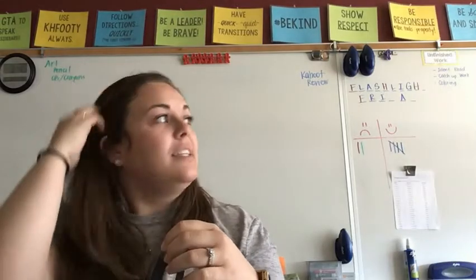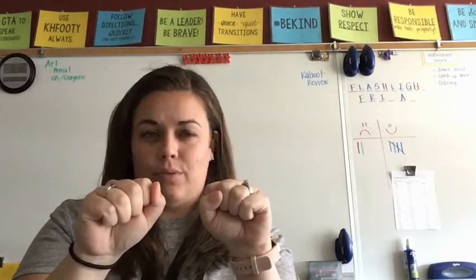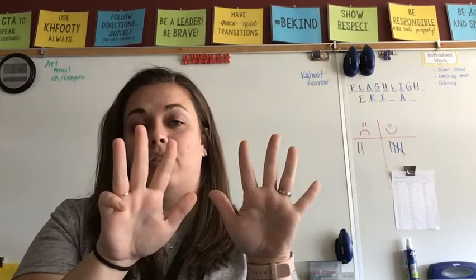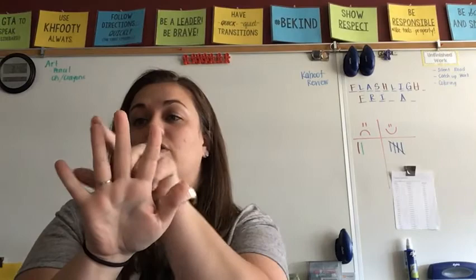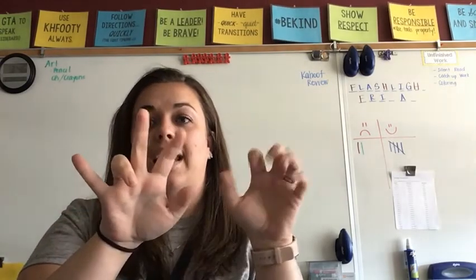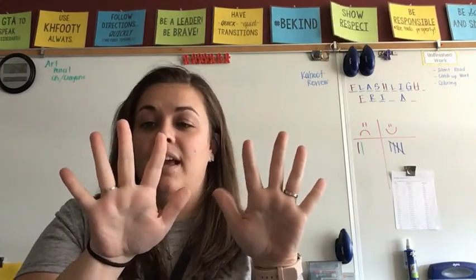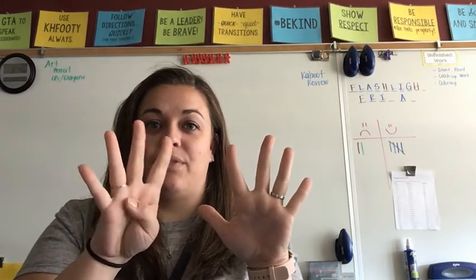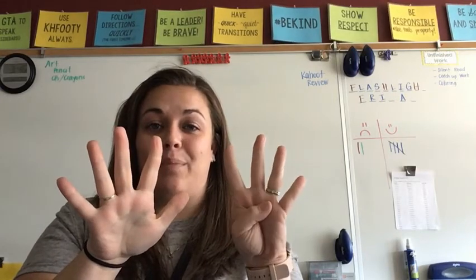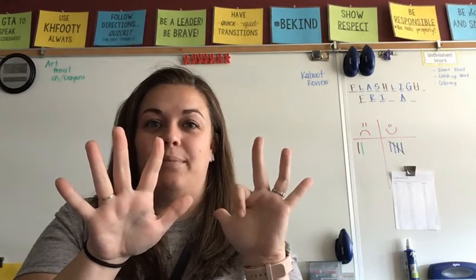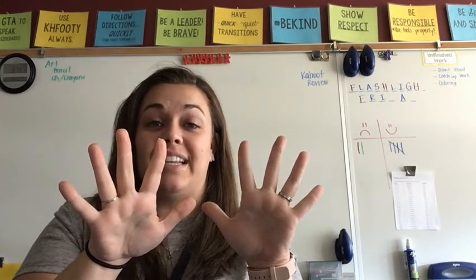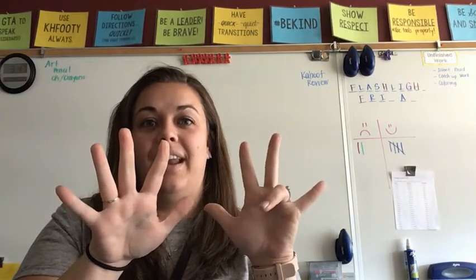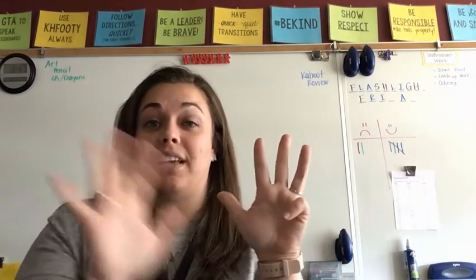Okay, so 9 times 0 is 0. 9 times 1, there's 0 before my first hand, and there's 9 after, so that is 9. 9 times 2, 1, 2, is a 1 and an 8, which makes 18. 9 times 3 is 27. 9 times 4 is 36. 9 times 5 is 45. 9 times 6 is 54. 9 times 7 is 63. 9 times 8 is 72. 9 times 9 is 81. And 9 times 10 is a 9 with 0 on the other side, so it's 90.